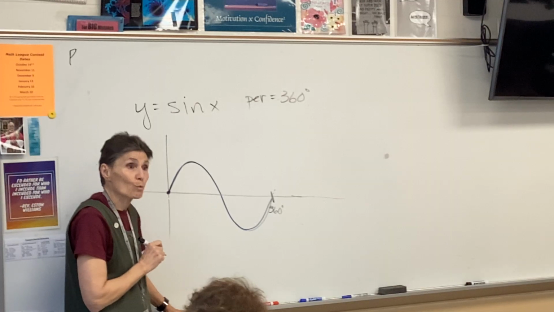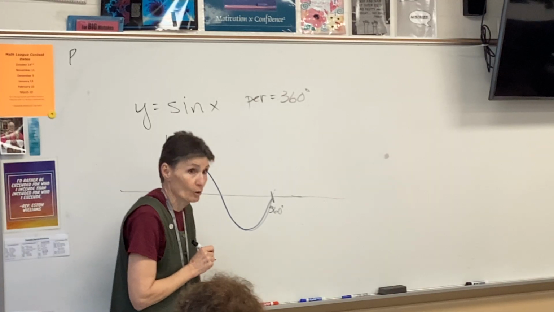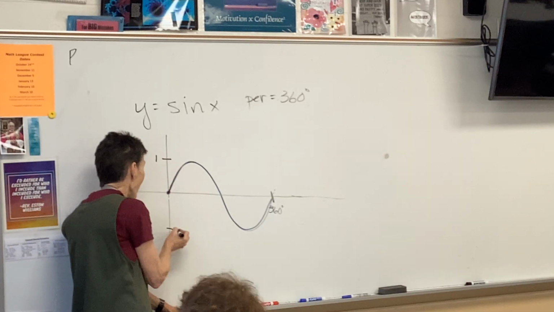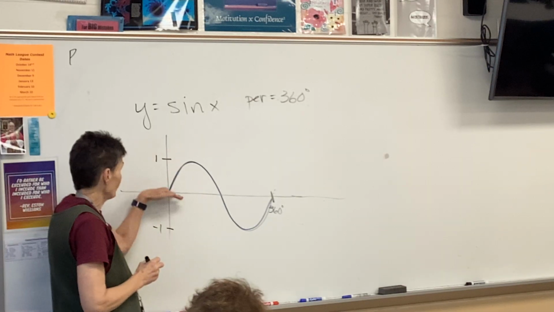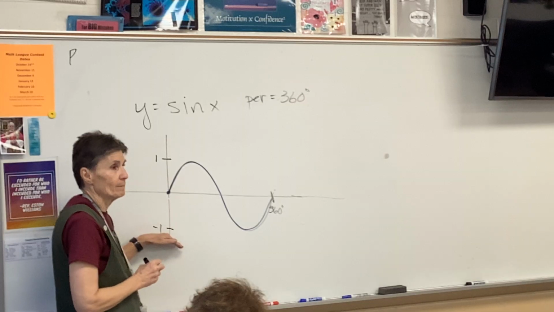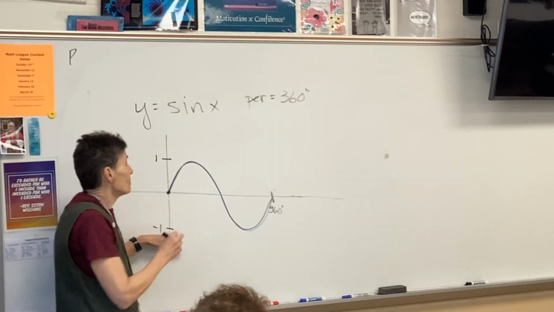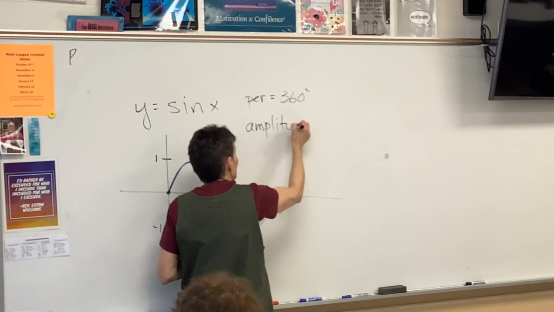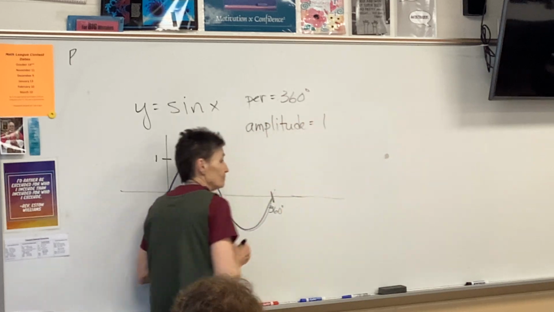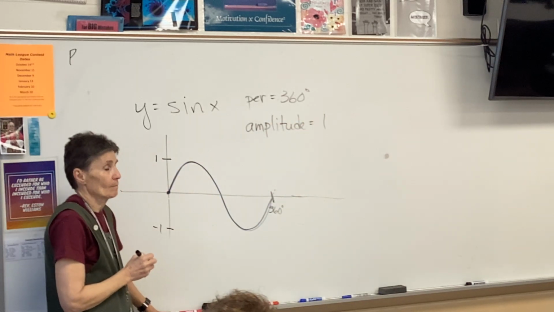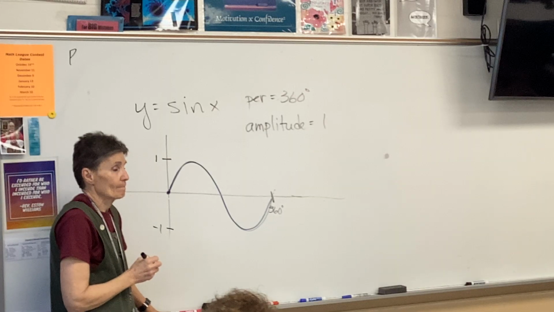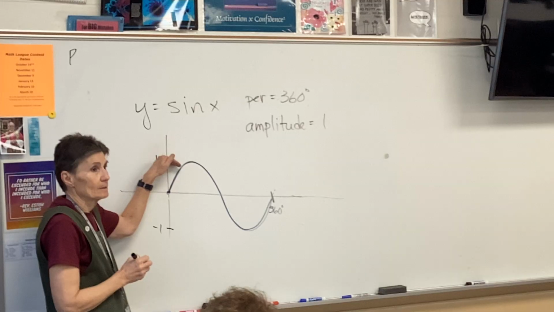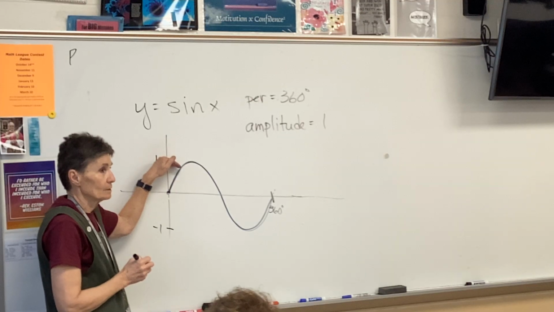Because we let the radius of our circle be 1, the height of the curve goes up 1 and down 1. That is called the amplitude. The height of the hill is the amplitude.